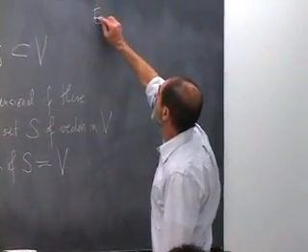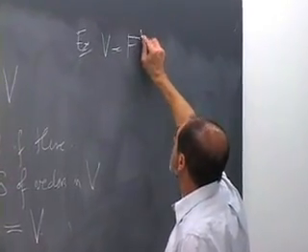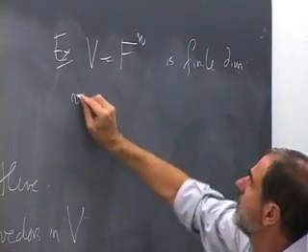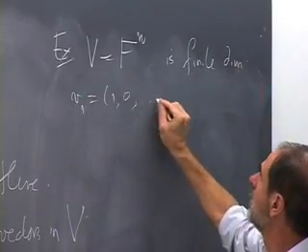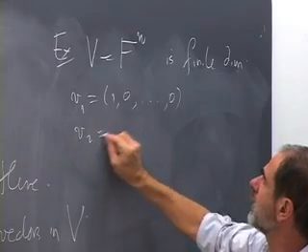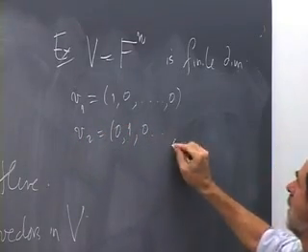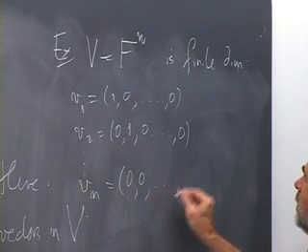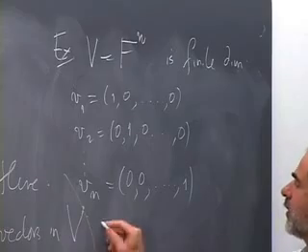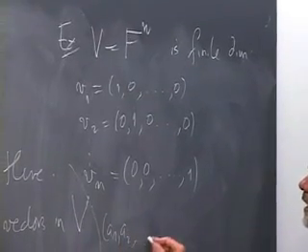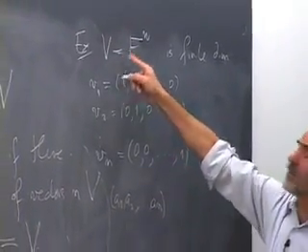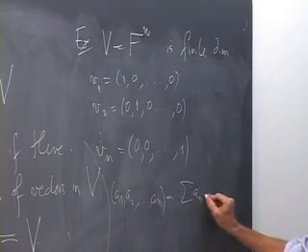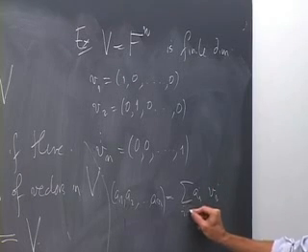So example, V equals F^n is finite dimensional. If you take the vector v1 to be the vector 1, 0, ..., 0, and v2 to be the vector 0, 1, 0, ..., 0, and finally vn to be the vector 0, ..., 0, 1, then the vector (a1, a2, ..., an), that's a general element of this vector space, which is just n-tuples of elements in F, is the sum of the ai times the vi, i equals 1 to n.